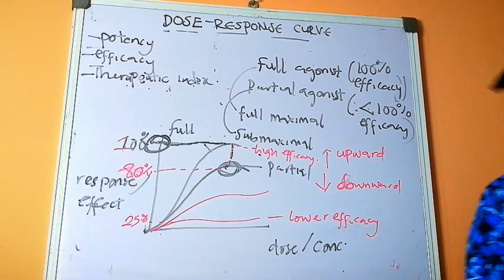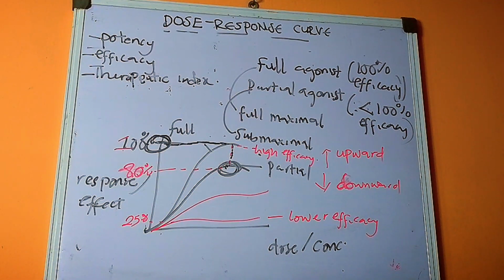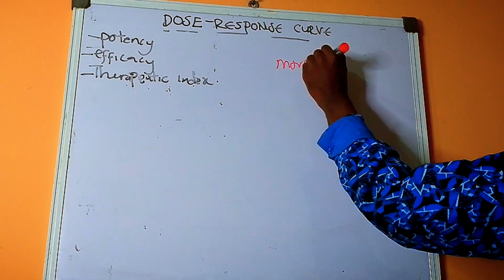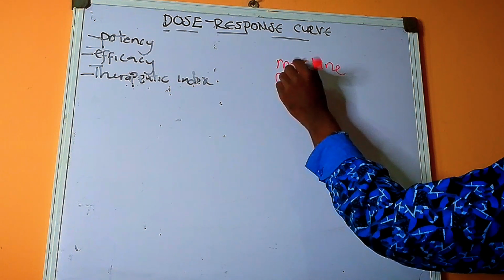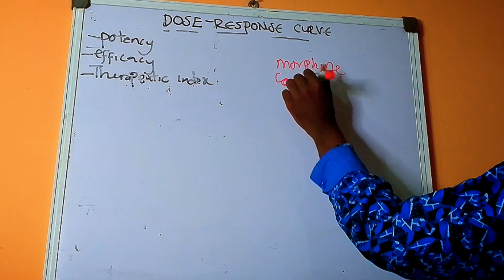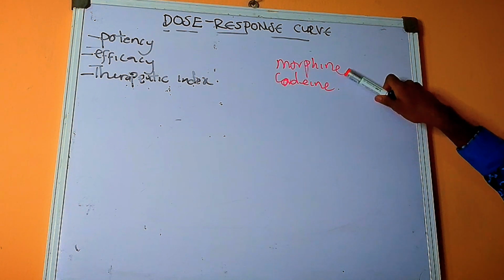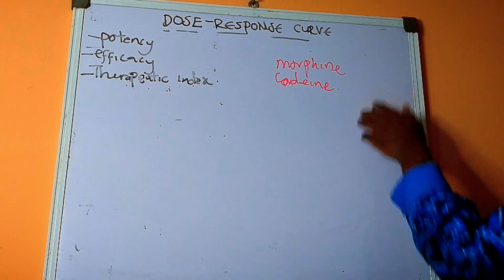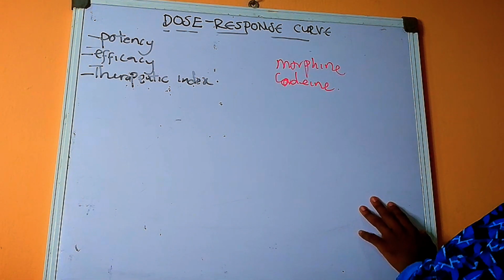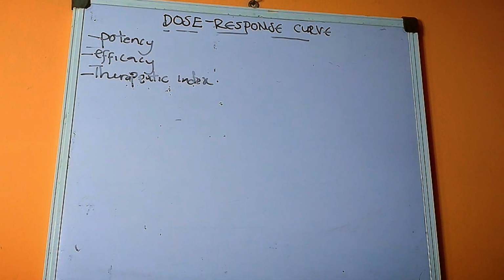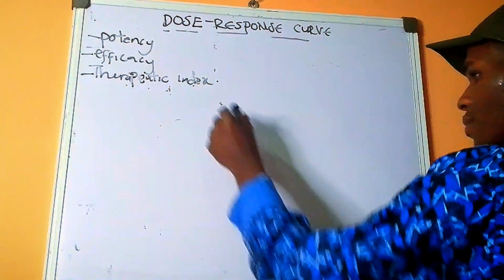So that is all for efficacy and potency. Some drugs like morphine or codeine, one is more efficacious than the other. One is more potent than the other. So potency and efficacy in dose response curve is very important. Let's say I give you a question like this.